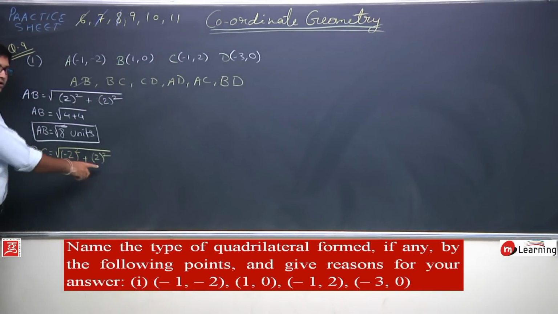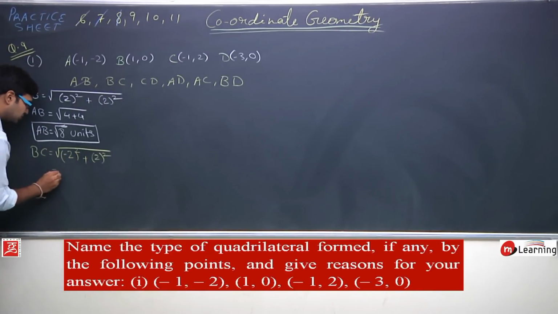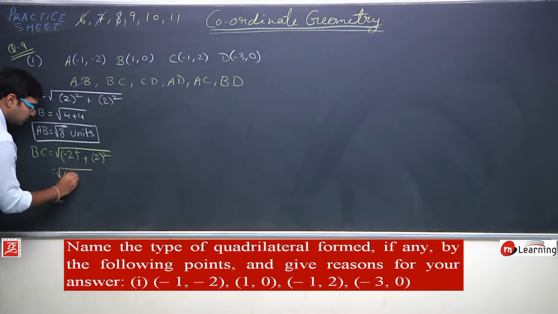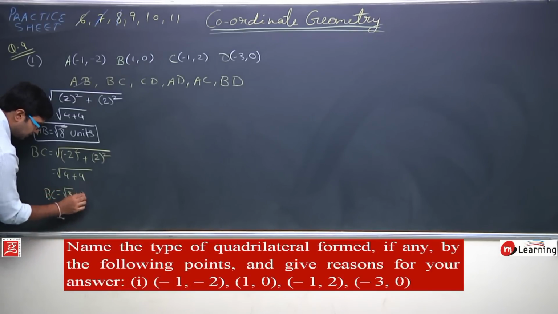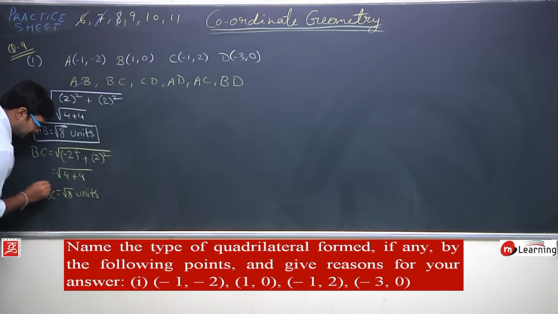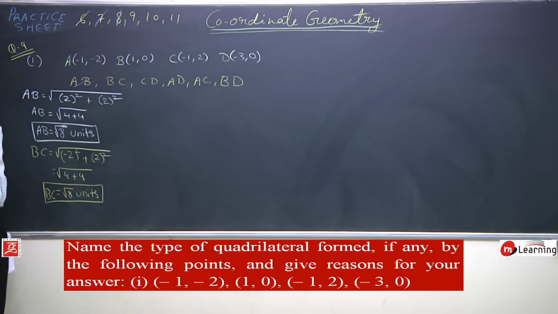So 2 square is 4 and 2 square is 4, it will give you square root of 4 plus 4, and it will give you root 8. This is BC, which is equal to root 8 units. This is the length of BC.